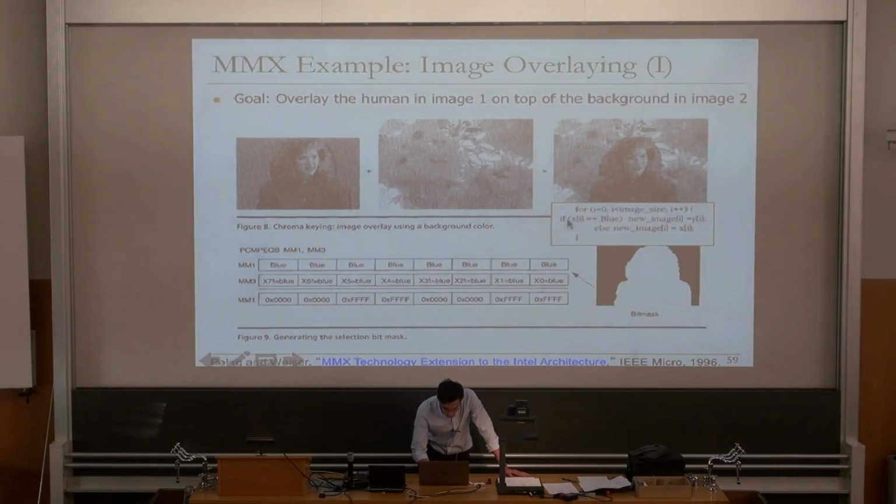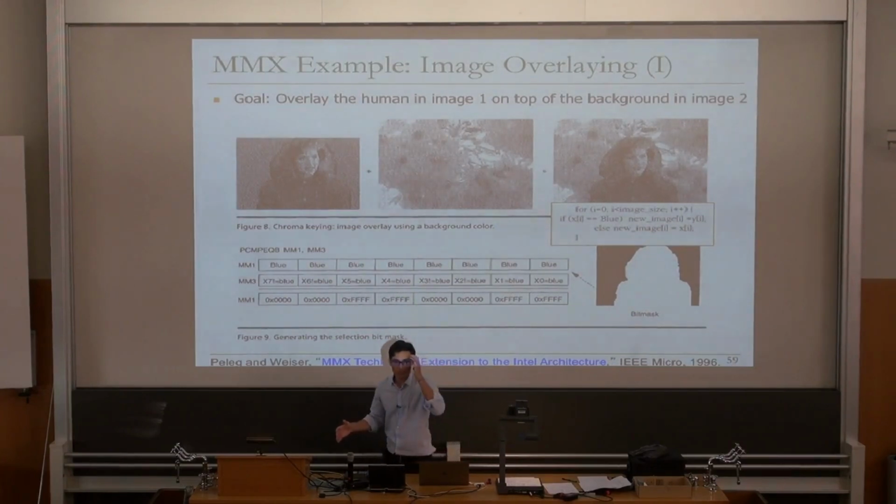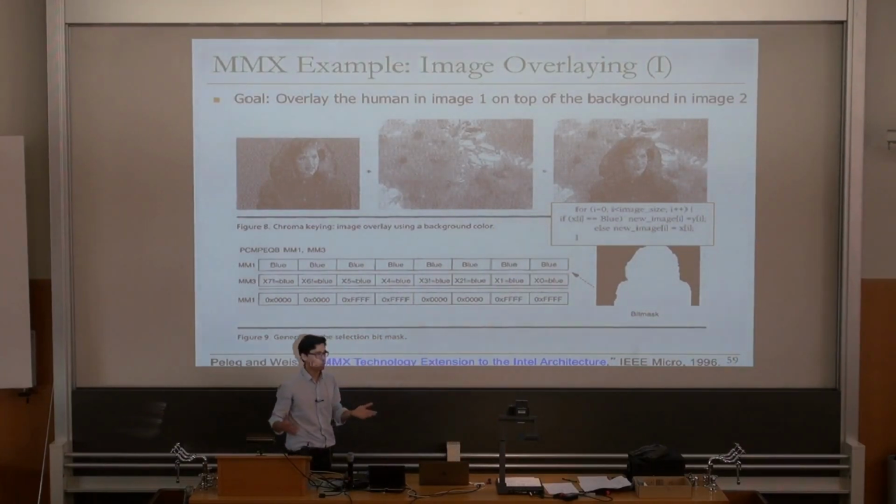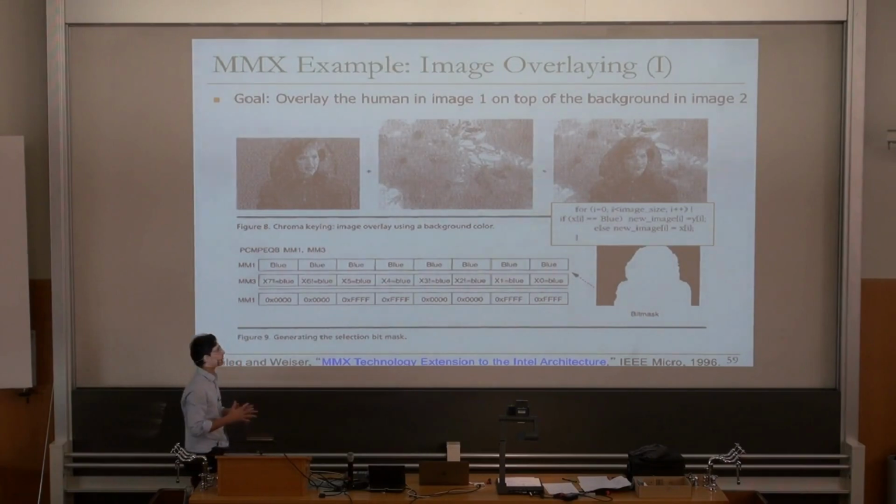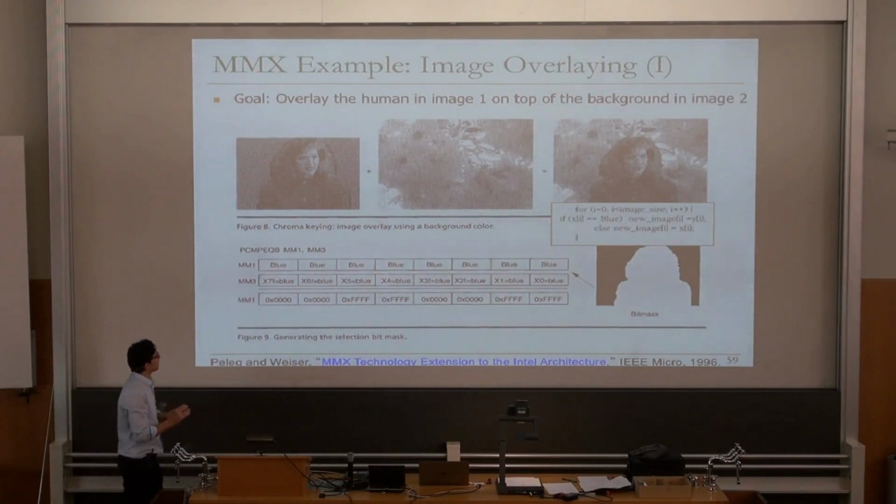If the corresponding pixel of the image is blue, then in the new image we store the corresponding pixel of the blossom image. If it's not blue, because it's the shape of the woman, then we store the original pixel. And that's what we can do much faster if we do it in parallel, with some kind of SIMD processor.